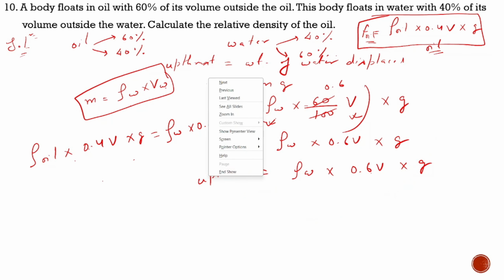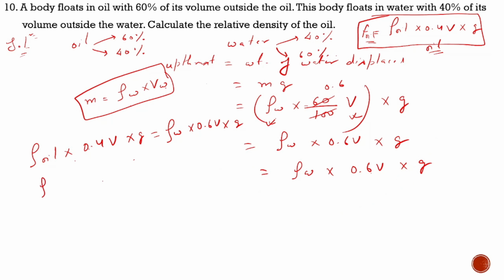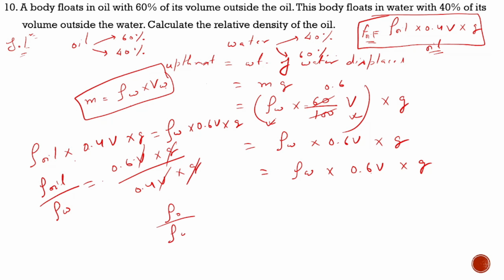ये अपथ्रस्ट हमारा कितना आ गया, डेंसिटी ऑफ ऑयल डिवाइडेड बाय डेंसिटी ऑफ वाटर. यही तो हमारा रिलेटिव डेंसिटी था जो निकालना था, इज इक्वल टू 0.6 V इंटू g डिवाइडेड बाई 0.4 V इंटू g. g गया हमारा, V भी चला गया, एंड 6/4. तो डेंसिटी ऑफ ऑयल बाई डेंसिटी ऑफ वाटर इज इक्वल टू 0.6 by 0.4, 2 3 जा 6, 2 2 जा 4, 3/2.